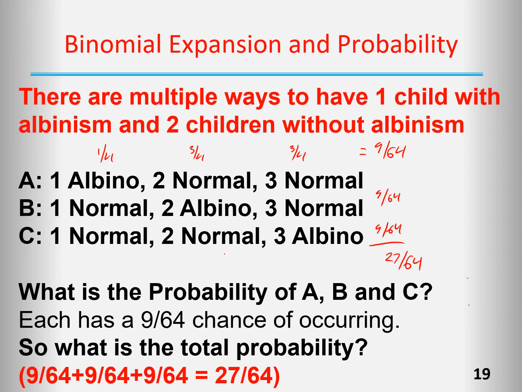So if you had only accounted for the first opportunity, selection A, or just selection B or selection C, you would vastly underestimate the probability of having one child with albinism out of 3 children, because it's almost 50%.